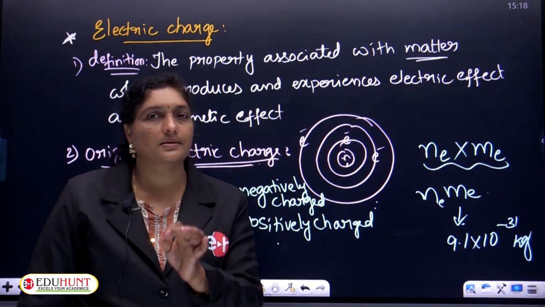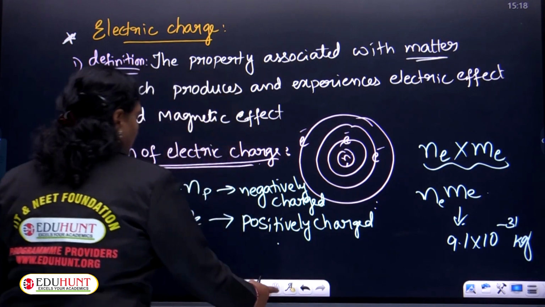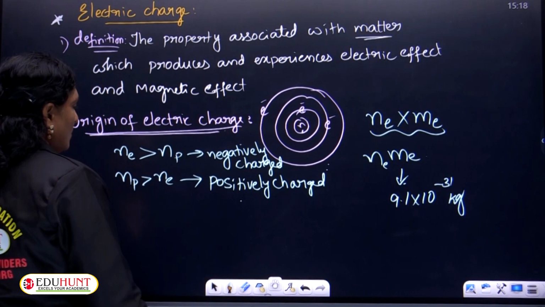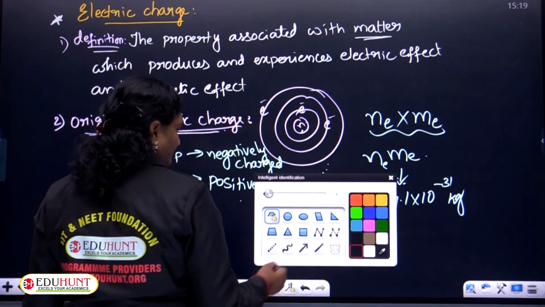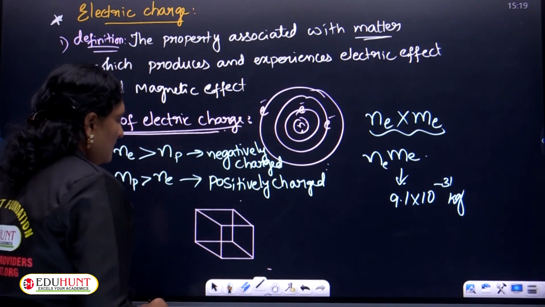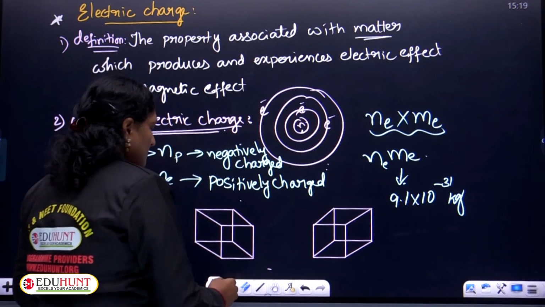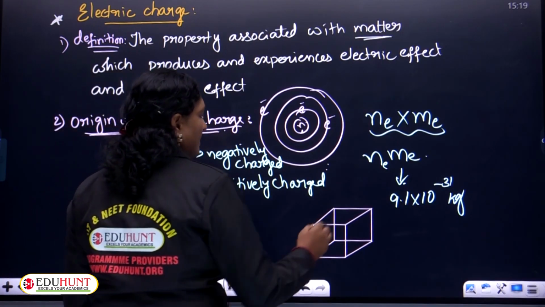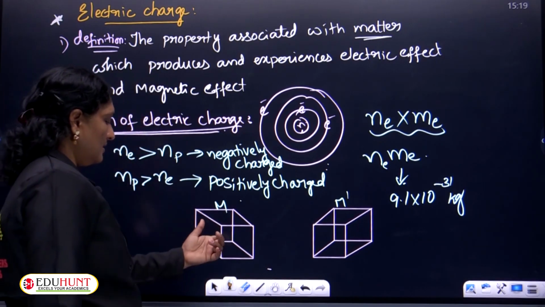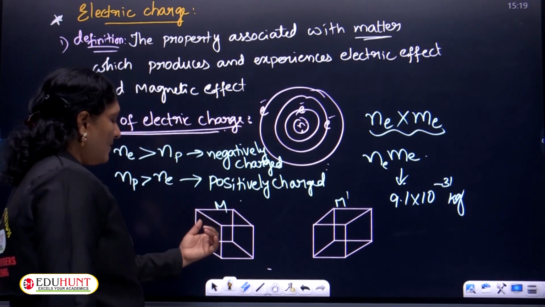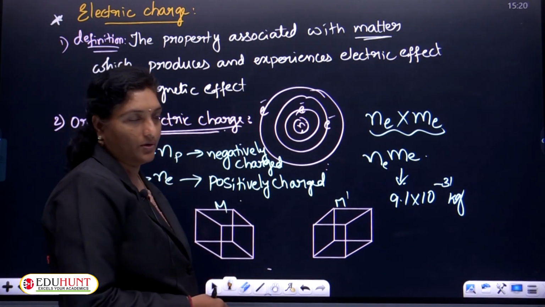Okay, so let us try to understand the same with a small example. Suppose you consider a body. Let us consider the first body having mass m, the second body having mass m1. In the first case, the body is electrically neutral, meaning the number of electrons is equal to the number of protons.